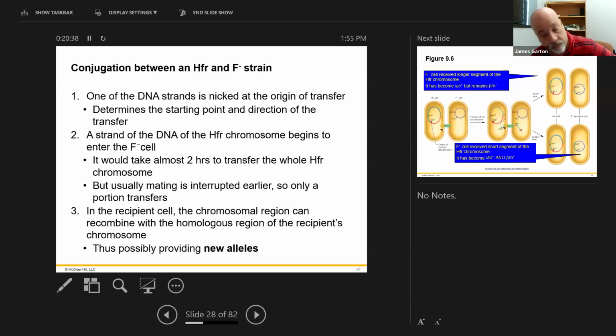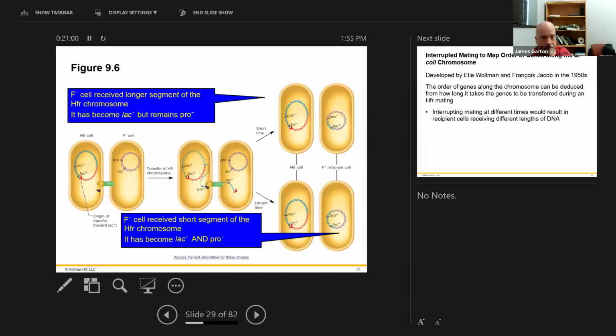In the recipient cell, the chromosomal region that was conjugated can recombine with a region of the recipient's chromosome, and therefore you can introduce new alleles. And so there's your HFR cell, your F minus cell.